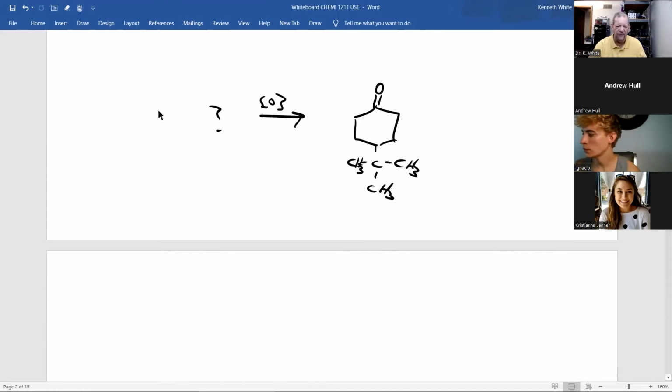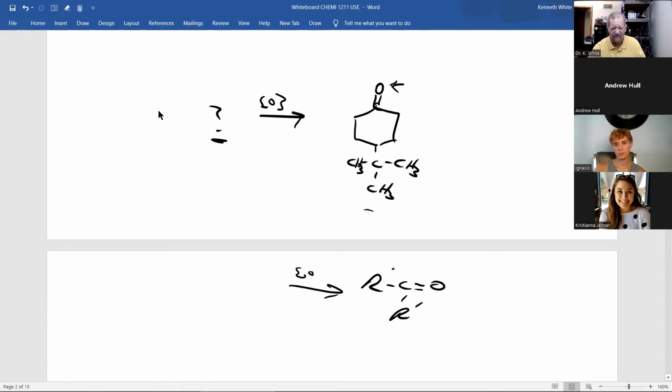So, how do we find out what we make? We look at this molecule, what's different, what's not carbon. Ooh, an oxygen double bond to that carbon with carbons attached to it on both sides. And this is a ketone. And how do you make a ketone?